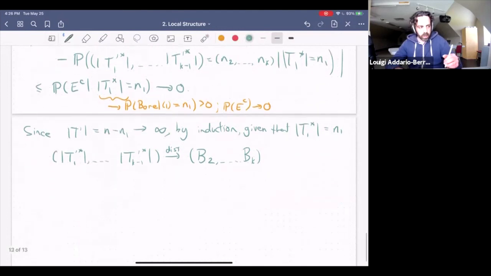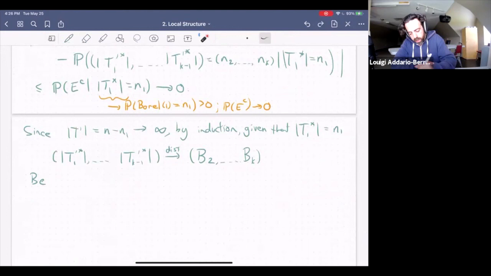And now because that holds, whatever that size is, that means that the first coordinate, the size of the first subtree, is asymptotically independent of the next subtrees.